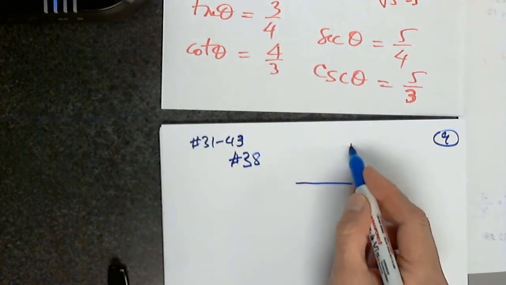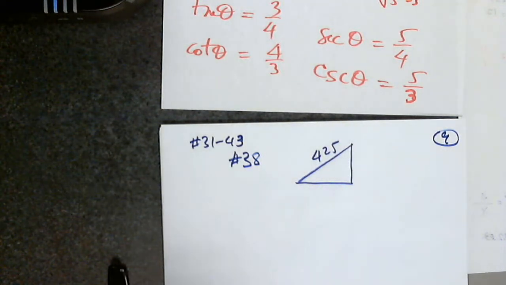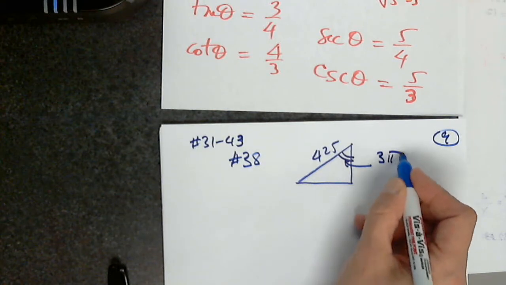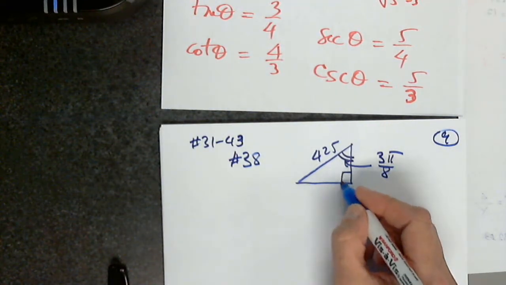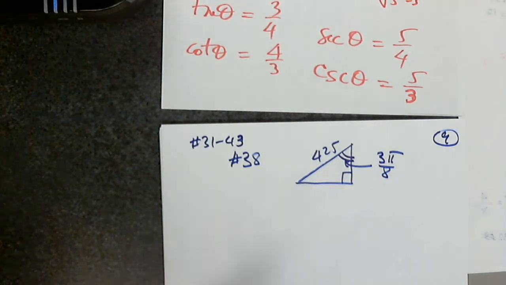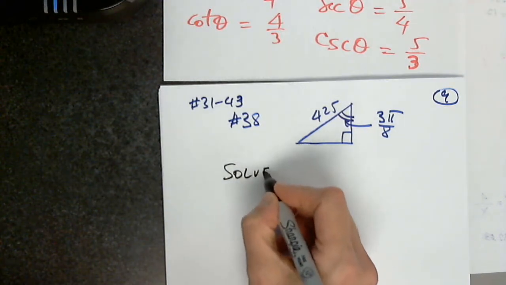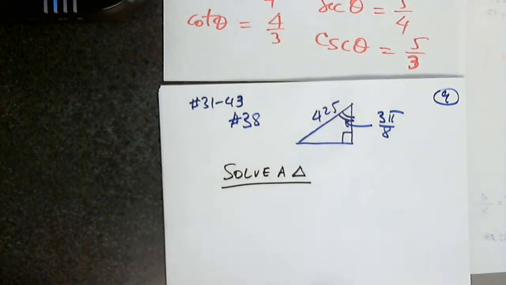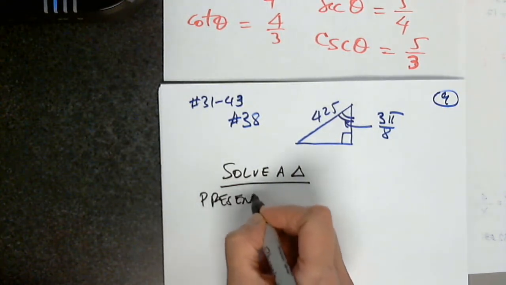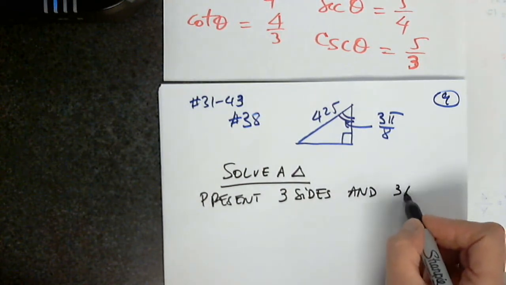And we have a right triangle whose hypotenuse is given as 425. We have given an angle up there, which is 3 pi over 8, and the right angle. So when we are told or asked to solve a triangle, it means we're asked to present 3 sides and 3 angles.